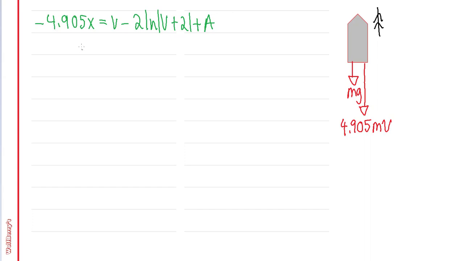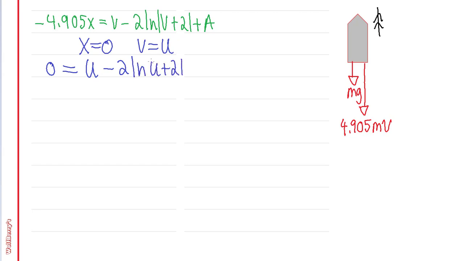Now we're told that when the rocket is projected, so when x is equal to 0, no distance has been covered yet, the velocity is equal to u. It's the initial speed. Substituting these values into our general solution above, we have 0 equals u minus 2 ln (u plus 2) plus a. We can clearly see that a is equal to positive 2 ln (u plus 2) minus u.